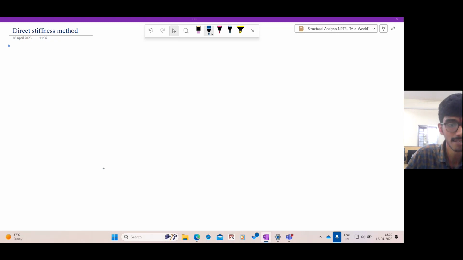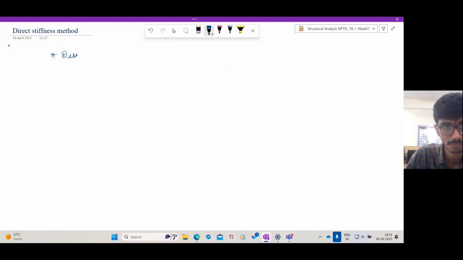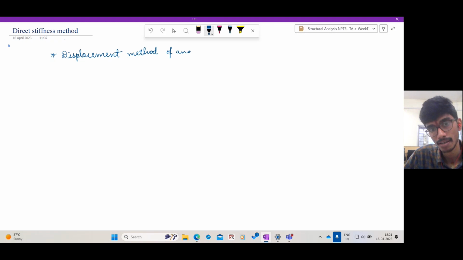This direct stiffness method, as the name suggests, comes under the displacement methods of analysis, where the displacements and rotations at various points are the primary unknowns in the problem.